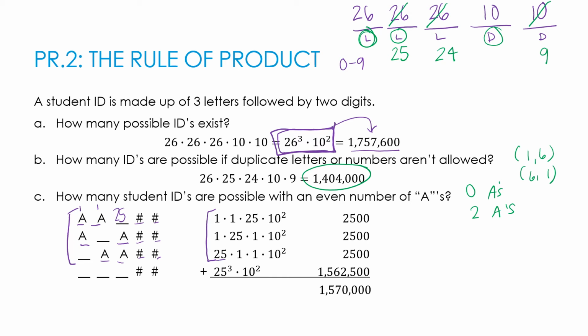I put the 25 in a different place to signify where the blank was, but really this is just 3 of the exact same thing. For the last one, for 0 A's, I know that there are 25 options, which means anything but an A, anything but an A, anything but an A, and then of course 10 squared. And all I did was add all of those up to get my final solution.